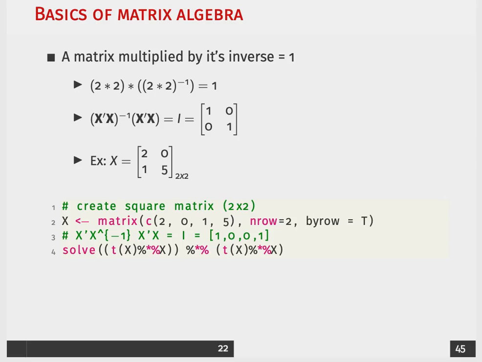This is going to be a fancy trick that we use when we're creating our estimator using matrix notation. But anyway, you can see here that if we have our matrix X, and we take the inverse of transpose X times X and multiply it by transpose X times X, we end up getting an identity matrix.